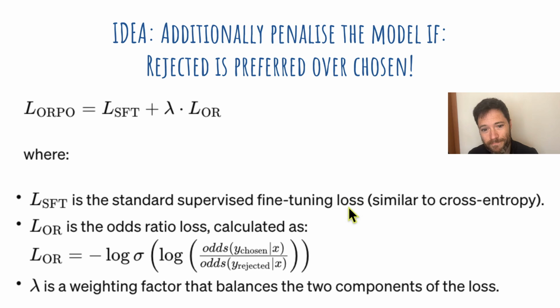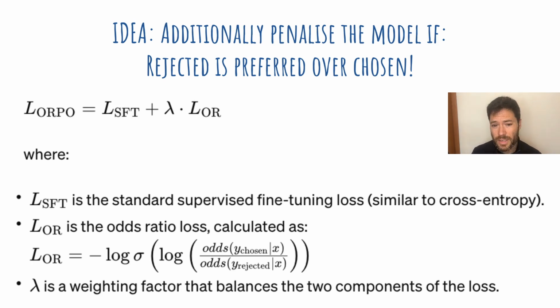Now here's an idea, and this is where you introduce preferences, and this is how ORPO works. Instead of just having a cross-entropy loss like L_SFT, which is the standard supervised fine-tuning loss, you add in an additional term here called loss of ORPO, odds ratio. And this loss here will penalize the model if the rejected response, so if the worst response, is being preferred over chosen.